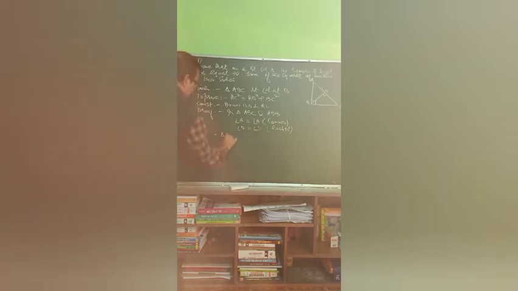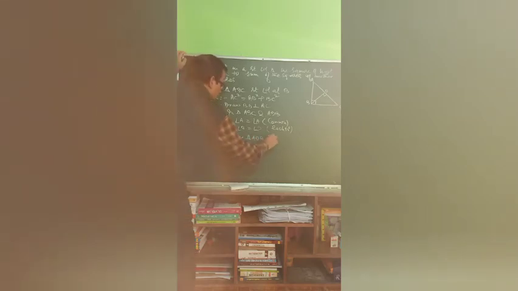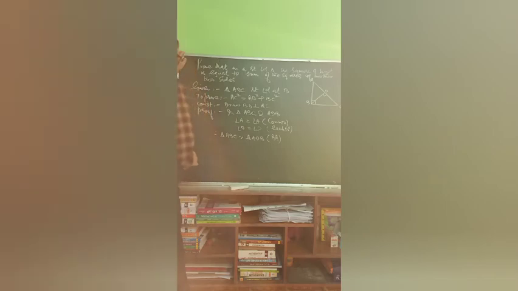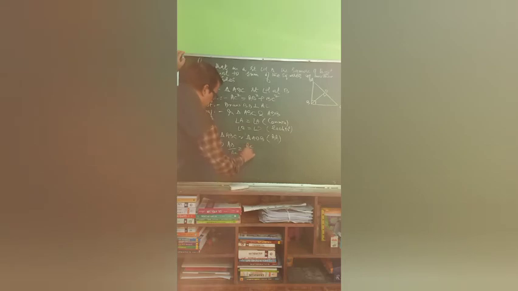Therefore, triangle ABC is similar to triangle ADB by rule of angle. When triangles are similar, as we have already told, sides will be proportional. This implies AB upon AD is equal to AC upon AB.